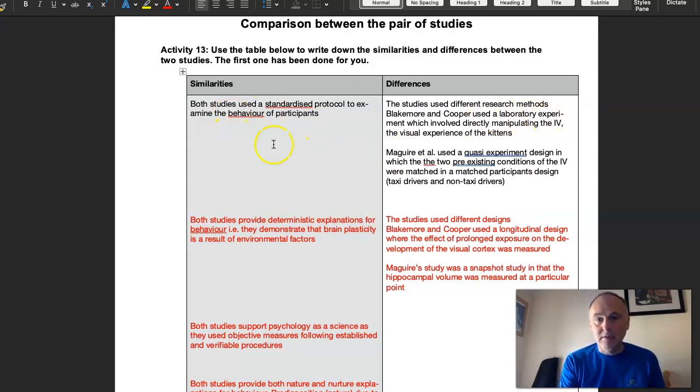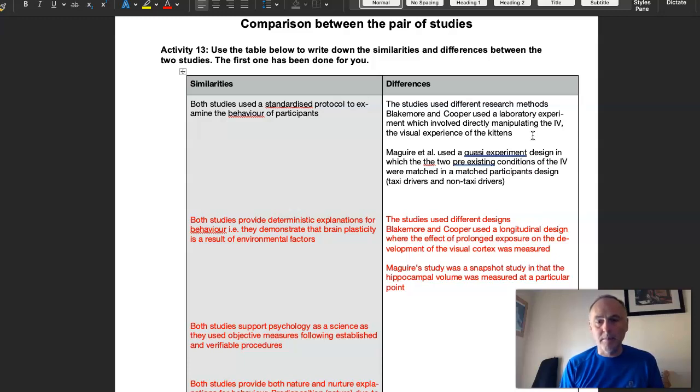Right, so even though they've used standardized procedures, there is a difference in the research methods. Okay, so the studies used different research methods. So Blakemore and Cooper used a laboratory experiment, which involved directly manipulating the IV, and this was the visual experience of the kittens. Right, so if you remember in this particular experiment, you had kittens that were kept in a particular environment. There were two different types of environment, weren't there?